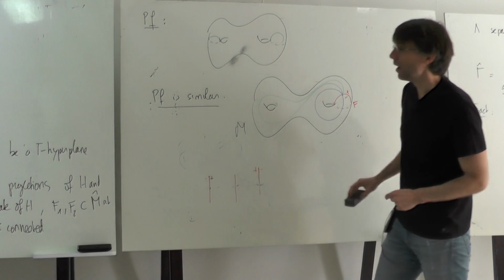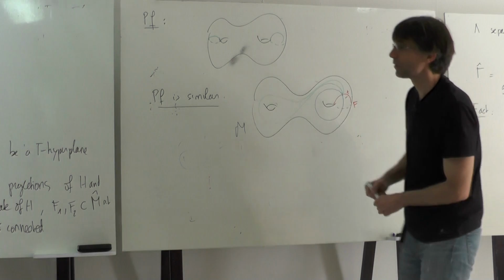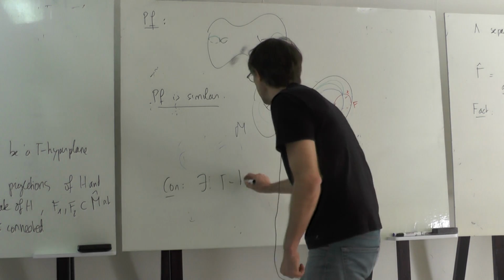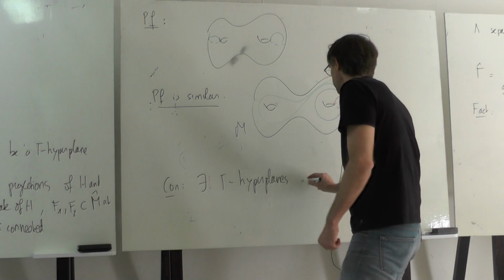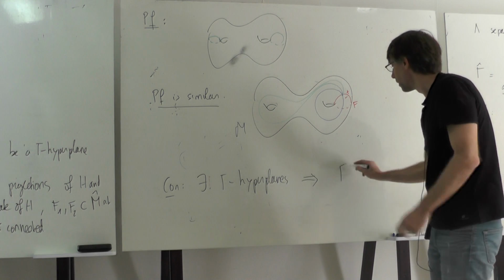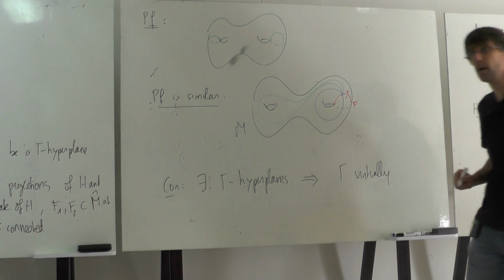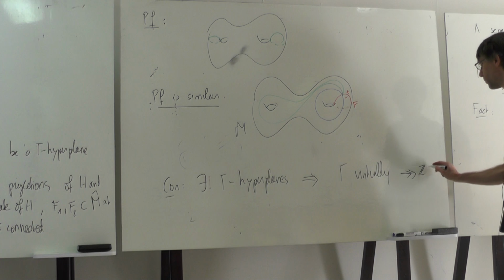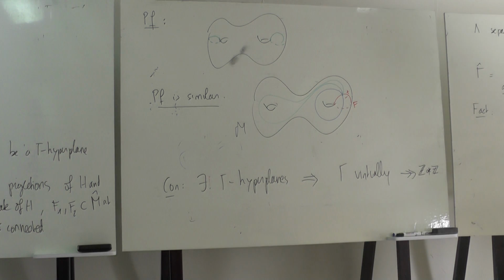Sorry, but I wanted to conclude from this that as a corollary, if there exists a gamma hyperplane, then gamma virtually, meaning that there is a finite index subgroup of gamma, surjects onto the free non-abelian group of rank 2.